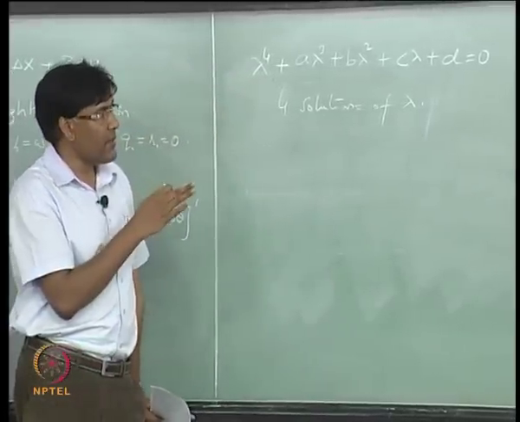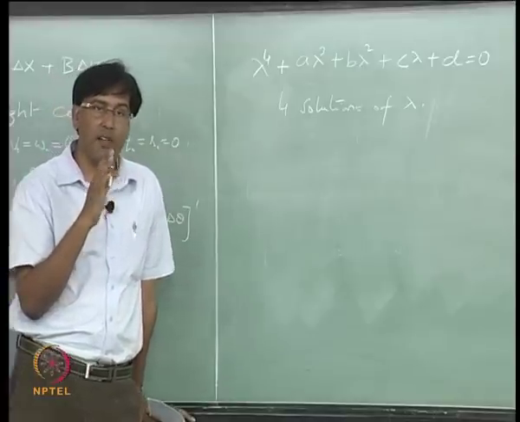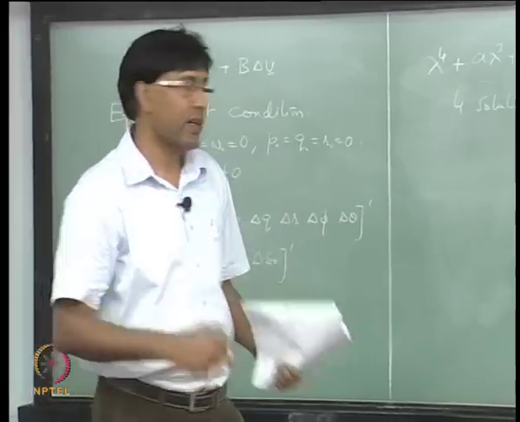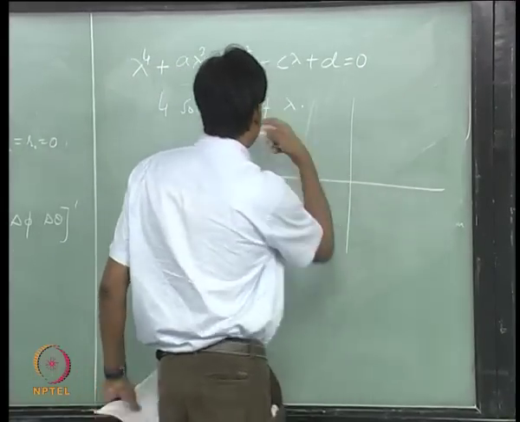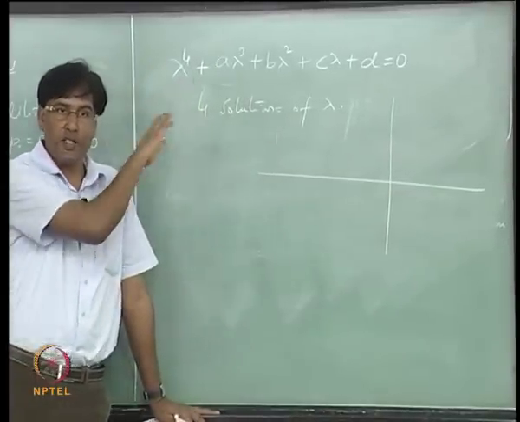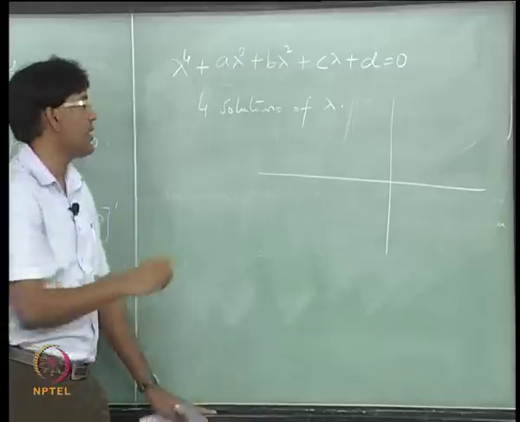In the longitudinal dynamics, the eigenvalues for the angle of attack that we are talking about are well separated. We get two pairs of eigenvalues when we solve this equation for longitudinal perturbed dynamics.